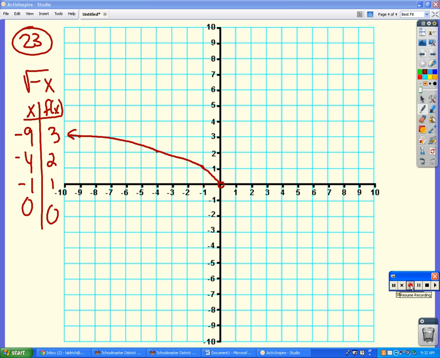Next piece is y equals 3 minus x, and that's in between 0 and 3, so that looks like a straight line. Y-intercept of 3, and that gets the closed dot, right? Because it says x can equal 0, and it has a slope of negative 1, so that's going to go down here and then have an open circle at 3.